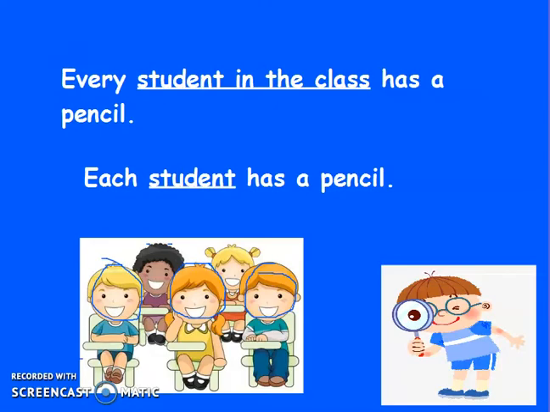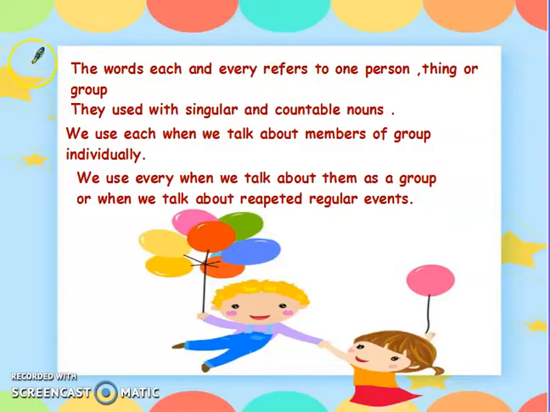Let's see. The words each and every refer to one person, thing, or group. إذن كلمات each and every بيرجعوا نحكي عن شخص واحد أو شيء واحد أو مجموعة من الأشياء أو الأشخاص.